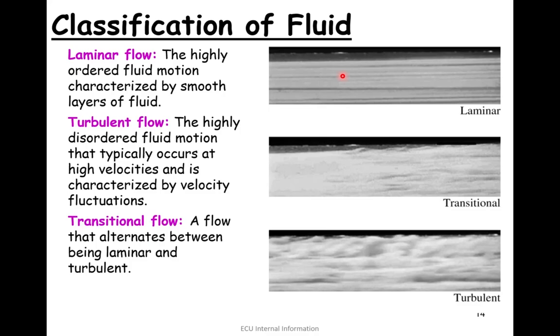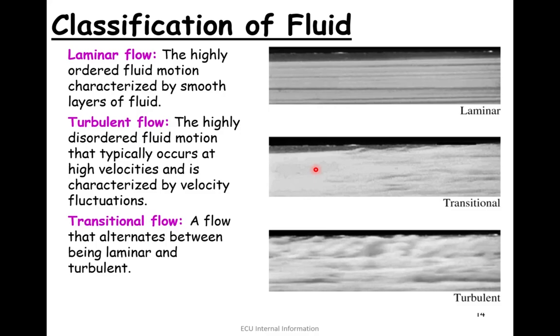For example, in this case, if you inject dye in here, you will see that quickly this dye is mixed with the surrounding fluid. Why? Because two layers of flow are exchanging momentum, forming different lumps of particles, so the motion is disordered. This momentum exchange between different layers of fluid causes the mixing to happen quickly, but still you may see the fluid is clean.